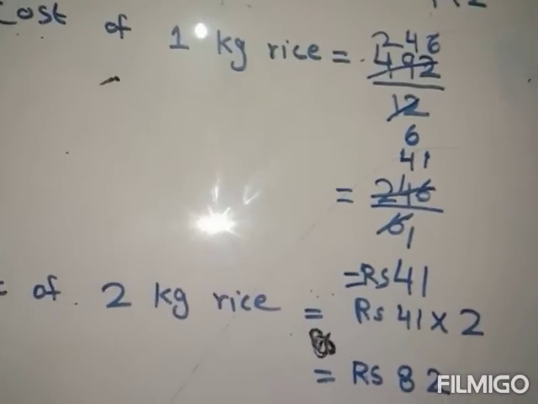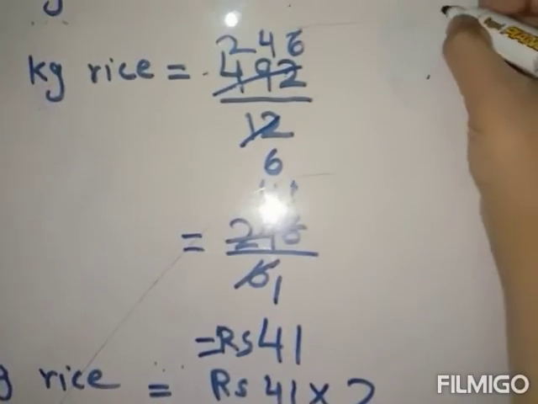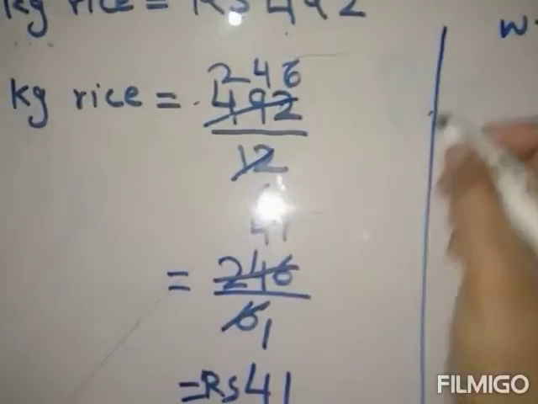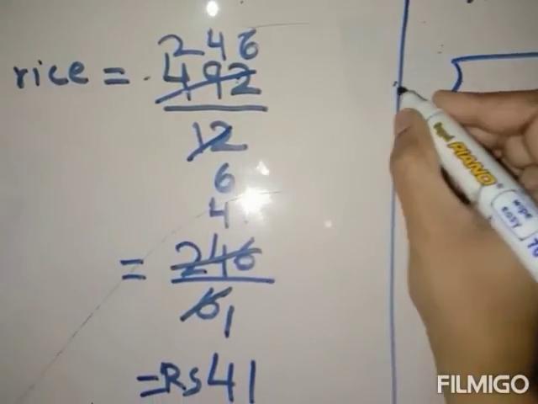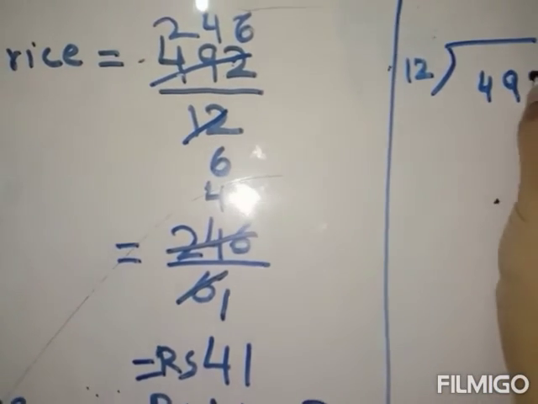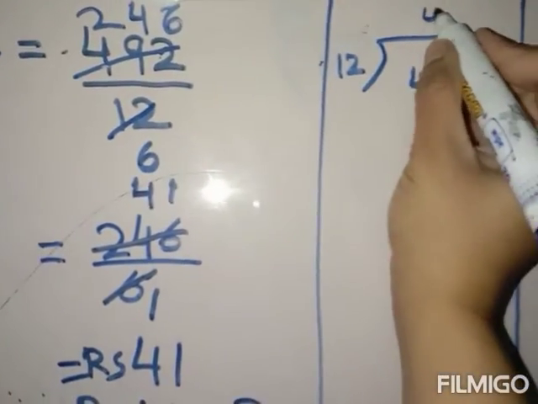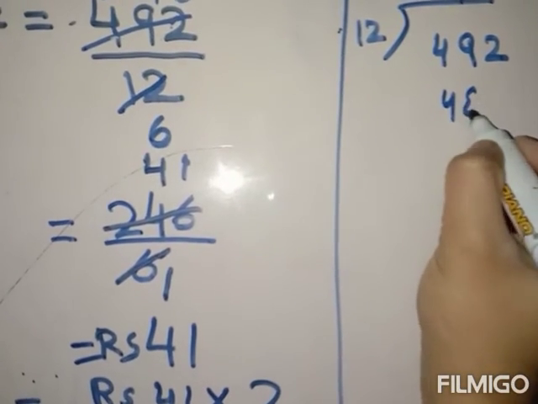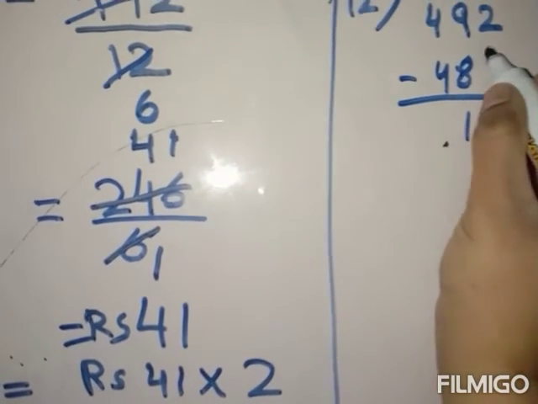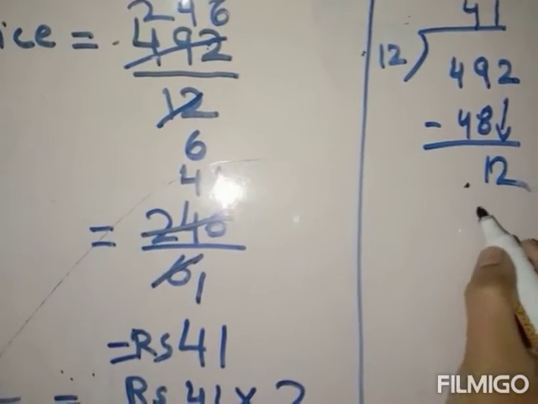Okay students, there is another method. You can go for the division as well. For example, instead of doing this cutting, since some students have problems in cutting, you can do simple division as well. How? 492. Now 12 fours are 48. 9 minus 8 is 1, 4 minus 4 is nothing, putting down that 2. 12 ones are 12.